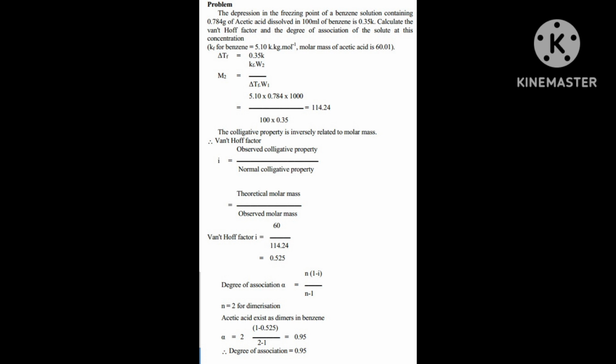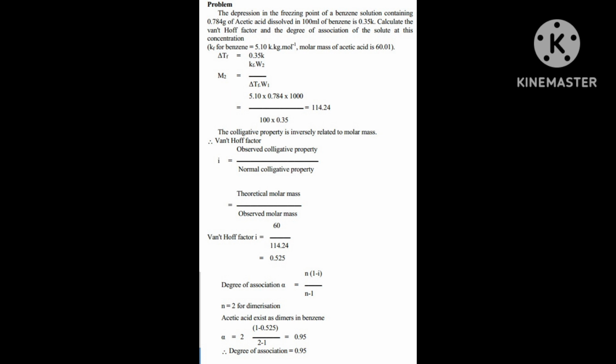Now you have to think also that 100% dissociation will not be there. Maybe 99%, maybe 98%, 97%, correct? Then you think that out of 1 mole, only x mole is dissociating.